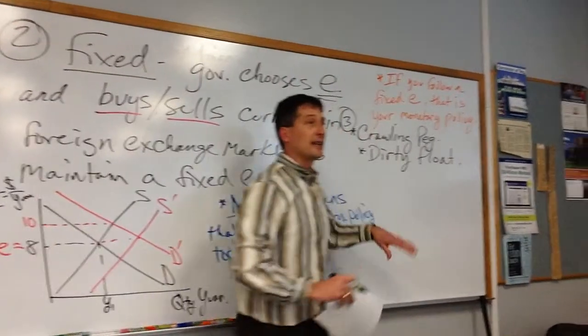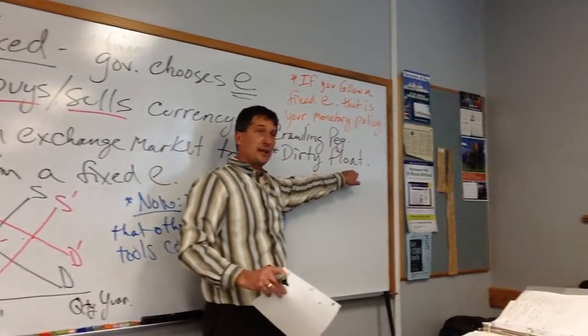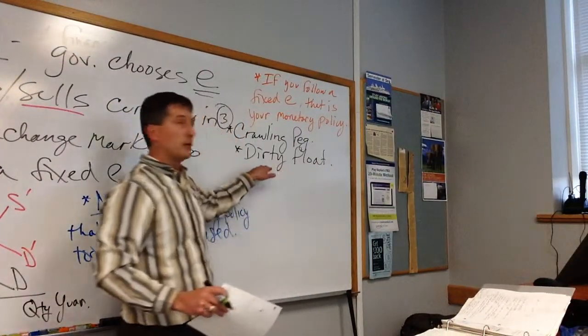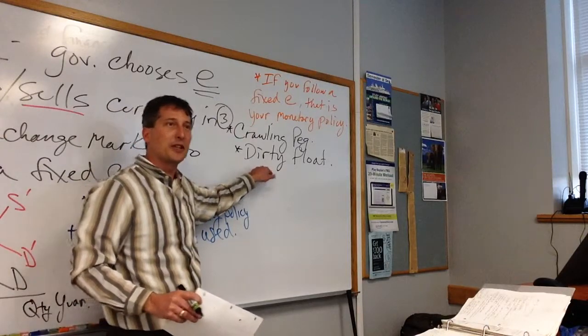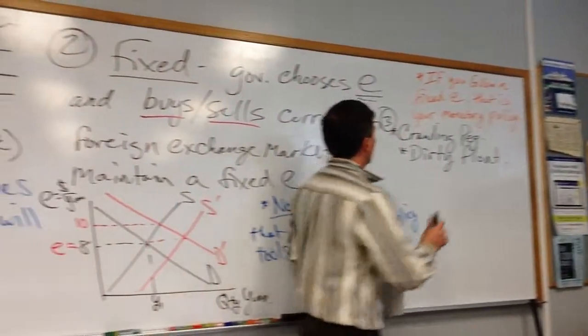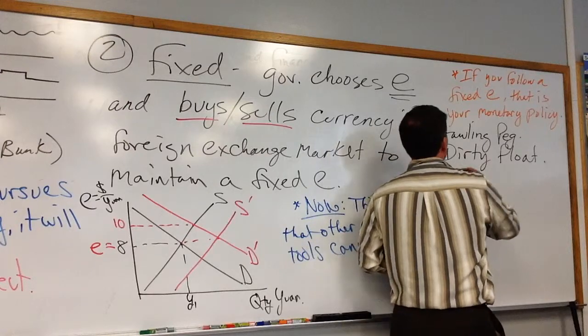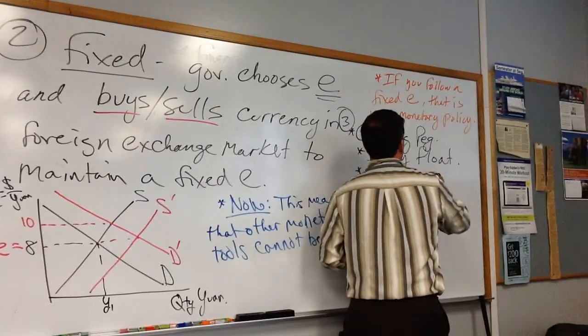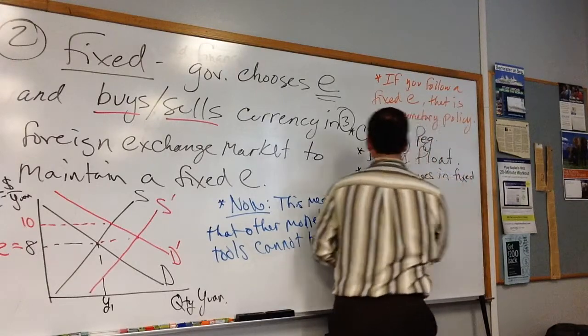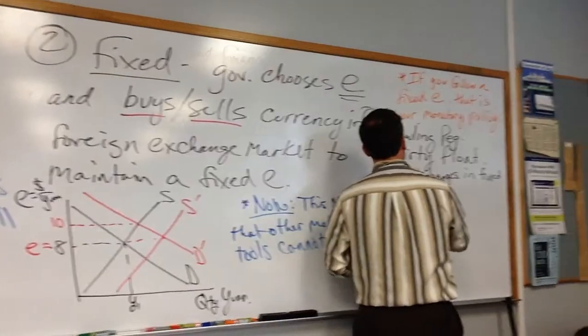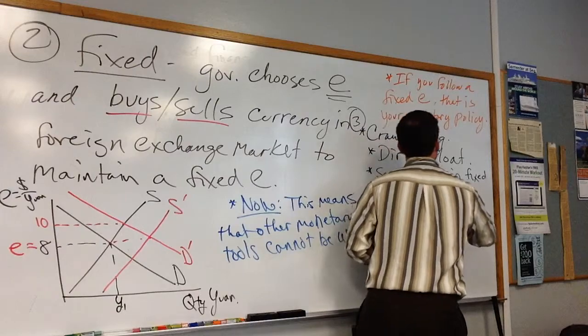Instead of letting the exchange rate float freely like the United States does, we intervene, so it's not a clean float, it's a dirty float. So small changes in fixed E over time.